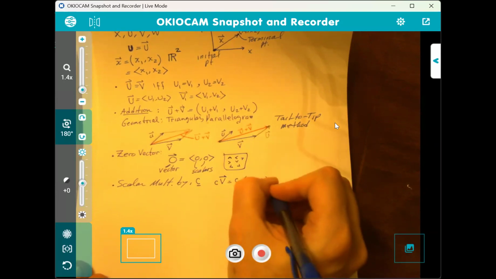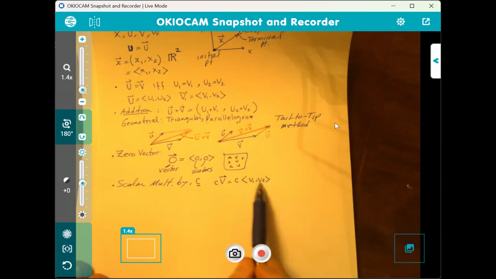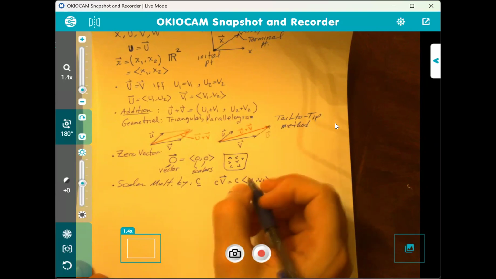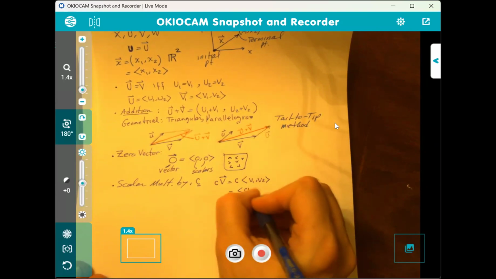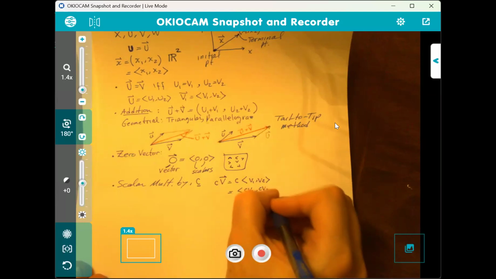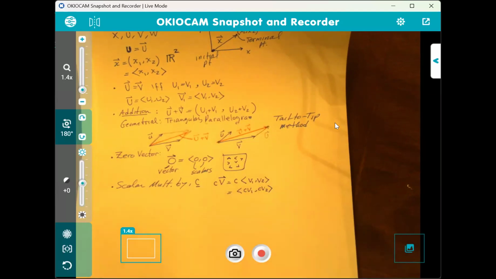Now I'm not putting arrows on V1, V2, because these are scalars, these are constants. And how does this scalar multiple work? You distribute, using the distributive property. You do CV1 and then CV2, and that would be the scalar multiple of that vector V.